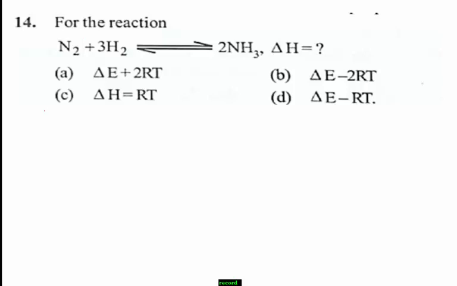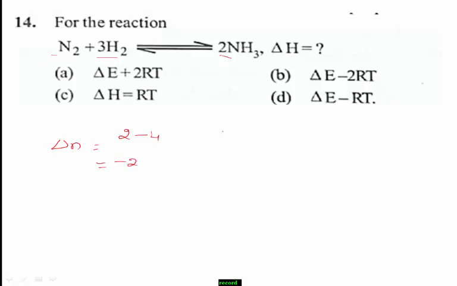Yes, delta N equals the number of moles of product minus the number of moles of reactant. Here 2 moles of NH3 appear on the product side, so I take 2 minus the number of moles in the reactants, here 3 and 1, which is 4. Therefore the value of delta N equals minus 2.